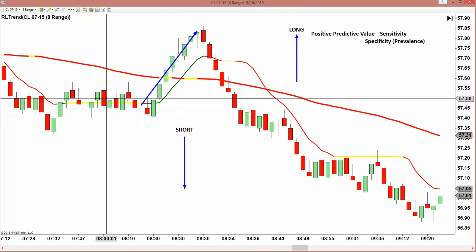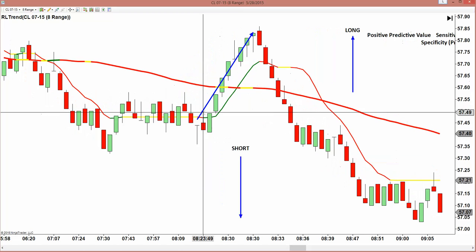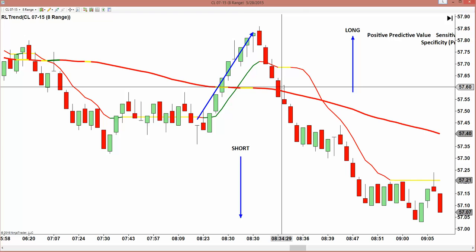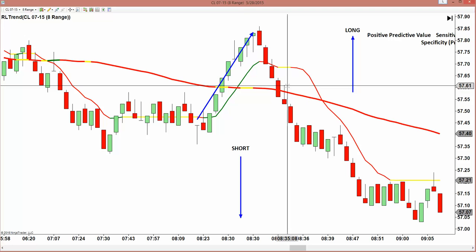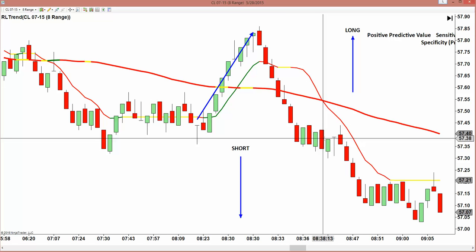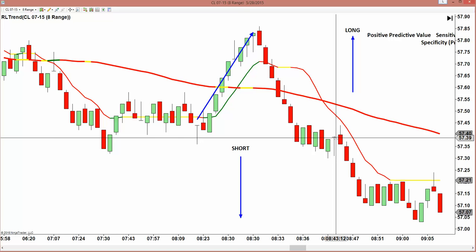What is the prevalence of a trending market in CHOP? The prevalence of getting a good trade, a trade that has a trend in CHOP, is close to 0.